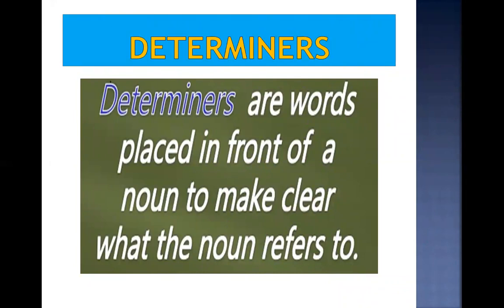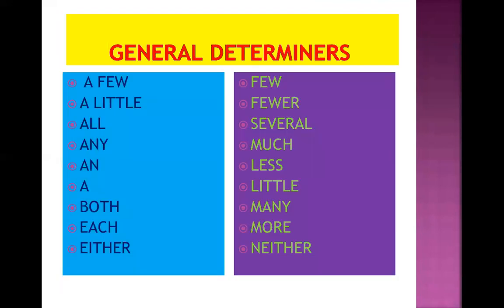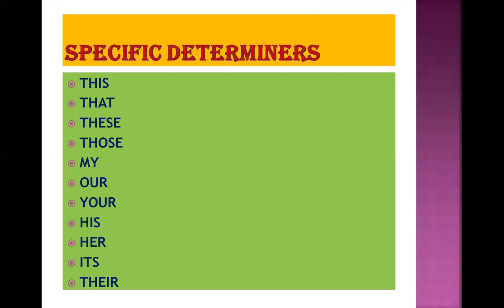Now, these determiners can be divided into two broad categories. First one is your specific determiners, and second is your general determiners. First, I'll begin with specific determiners. When I talk about specific determiners, they are used in a noun phrase to talk about or indicate specific people or things.